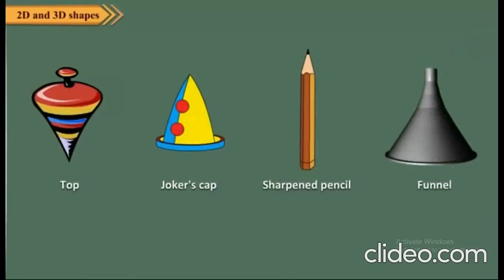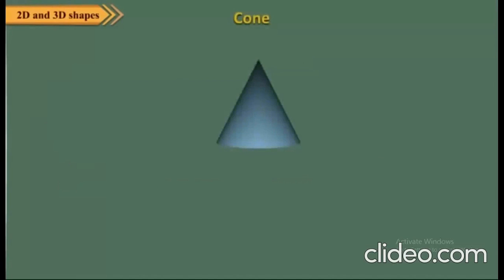Now these are some solid objects: top, joker's cap, sharpened pencil, and funnel. You can identify the shape. Which shape does it have? It has triangular shape. And the name of this shape is cone.